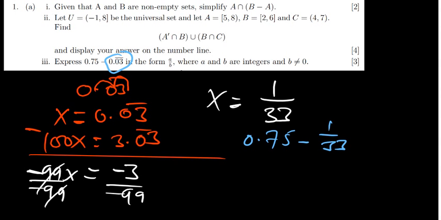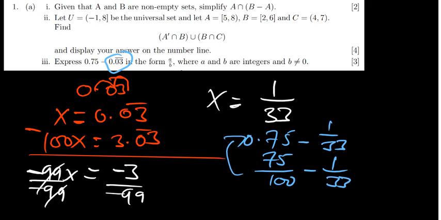But I know that this is a decimal. We don't use calculators in math. So I can change this into a fraction. I can do 75 divided by 100, and if I divide it I'm going back to 0.75. So I've got 75 over 100 minus 1 over 33.